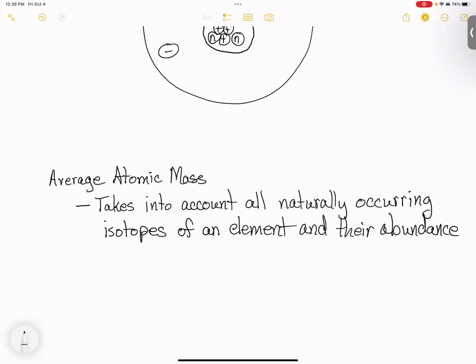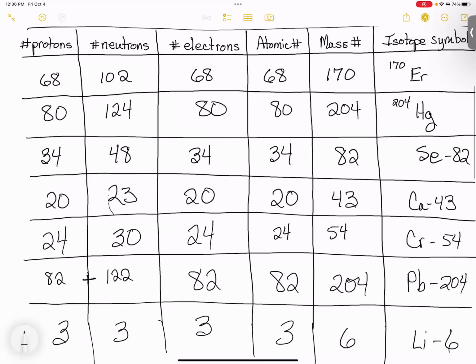Same thing for the electron and the neutron. I'm going to have you draw an atom of a specific isotope. You will have to fill in a table like that one.